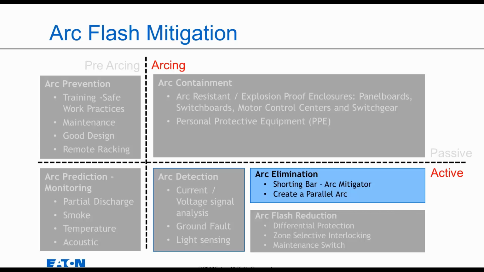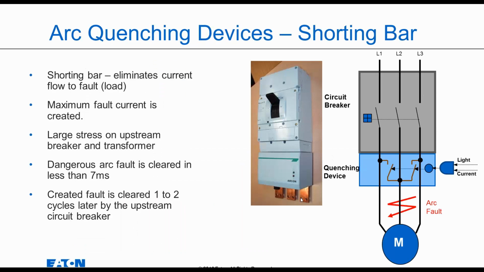So let's look at arc elimination. We've detected light and used that to interrupt a breaker. Let's look at shorting bars, arc mitigators, and creating parallel arcs. They're active devices when we have an arcing condition. So an arc quenching device is a shorting bar. This is a device that is below a circuit breaker, and it creates a three-phase short circuit when an arcing condition is detected.